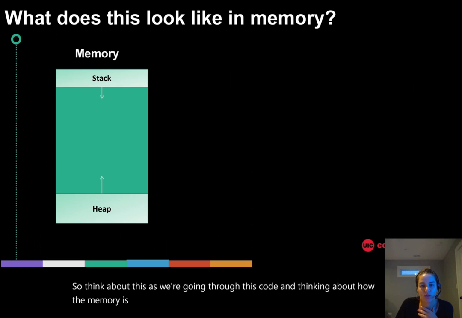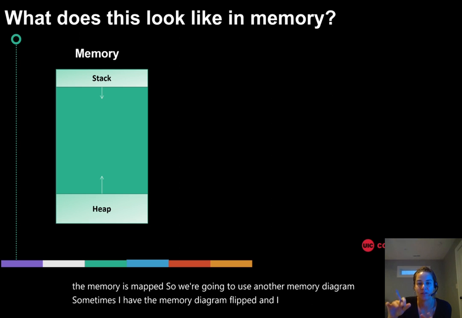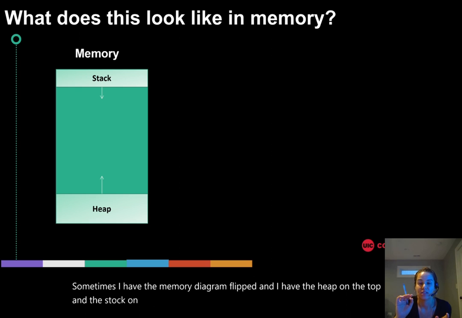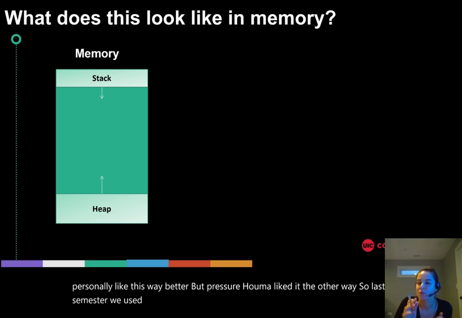We're going to use another memory diagram. Sometimes I have the memory diagram flipped and I have the heap on the top and the stack on the bottom, and then sometimes it's this way. I actually personally like this way better, but Professor Hummel liked it the other way, so last semester we used it the other way. So if I'm reusing examples from last semester, they're always going to be flipped.